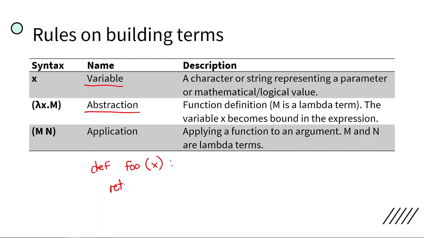So this is Python, return x times x. Okay? So kung sa lambda nga notation, ang abstraction ani kay lambda x dot, multiply x by itself.